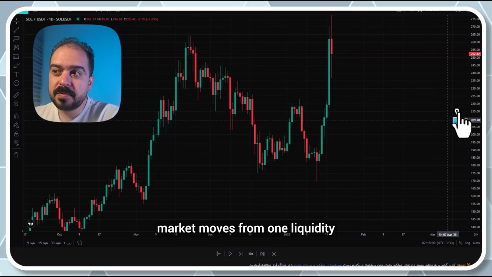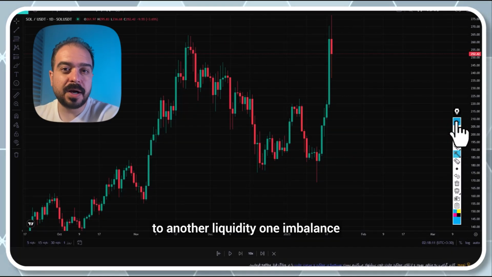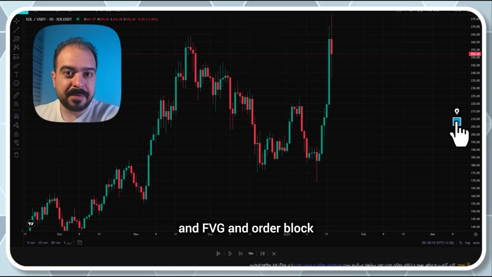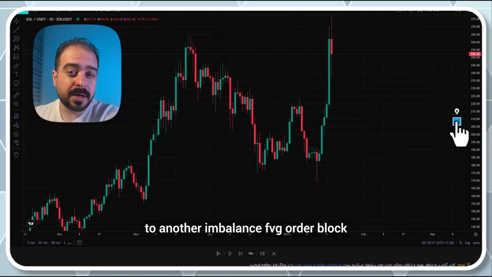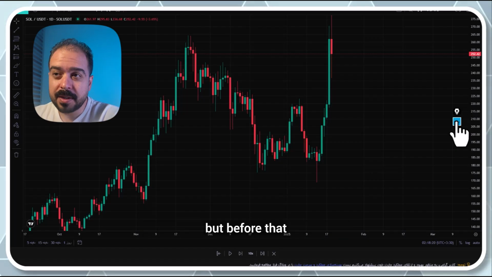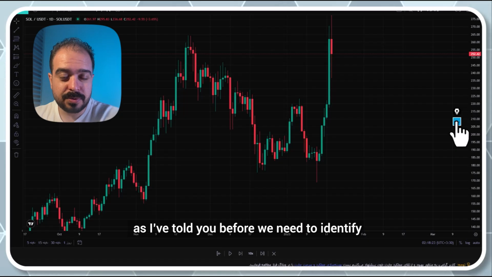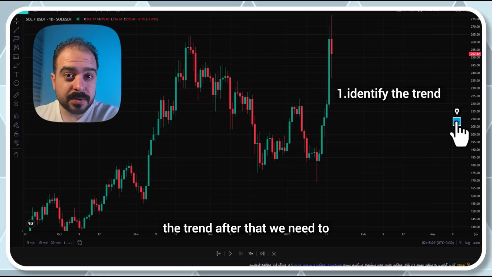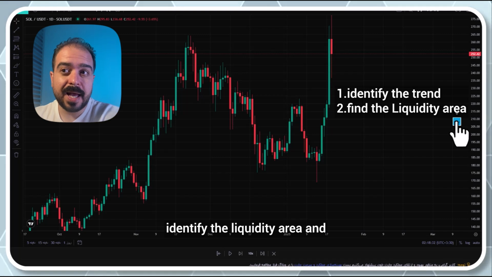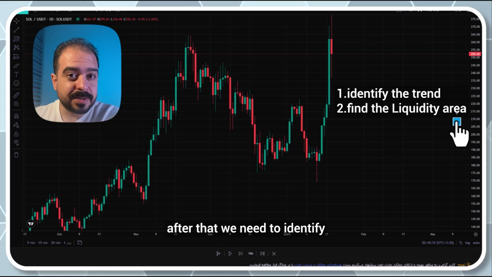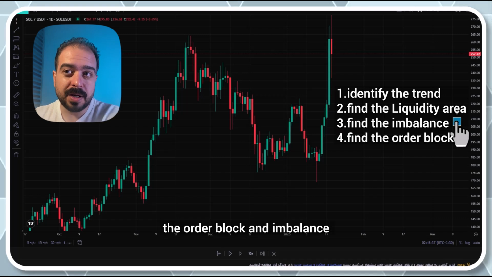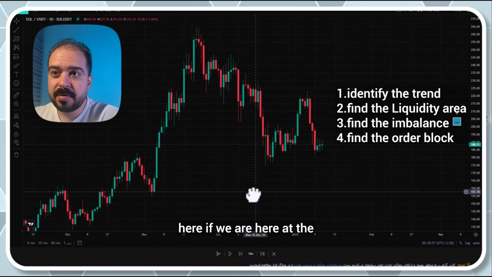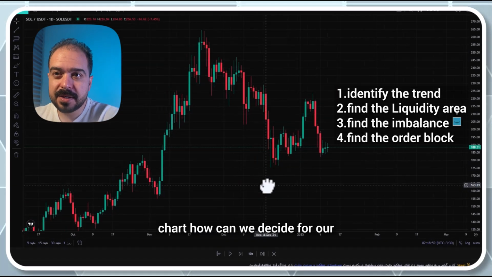So the market moves from one liquidity to another liquidity, from one imbalance, FVG and order block to another imbalance, FVG and order block. But before that, as I've told you before, we need to identify the trend. After that, we need to identify the liquidity area, and after that we need to identify the order block and imbalance. For example, here, if we are here at the chart, how can we decide for our trade?